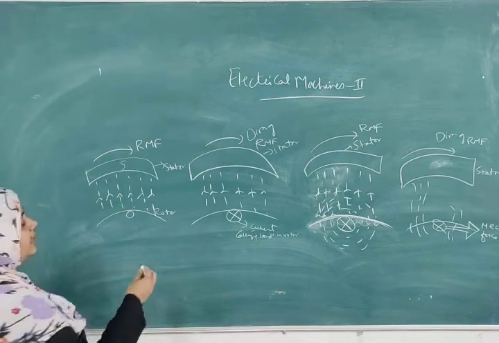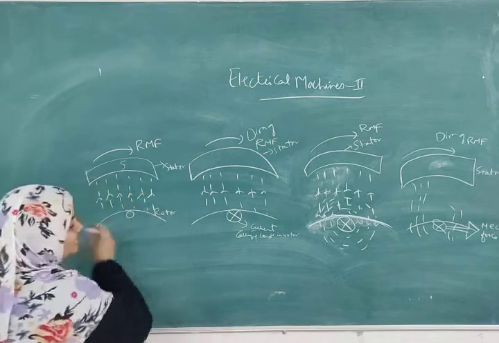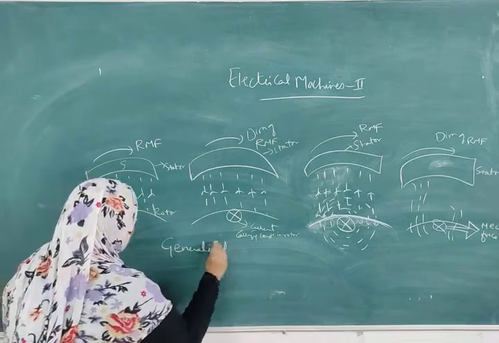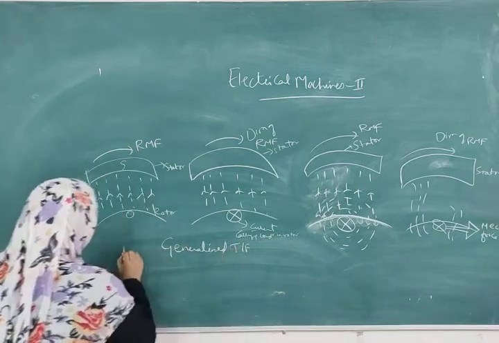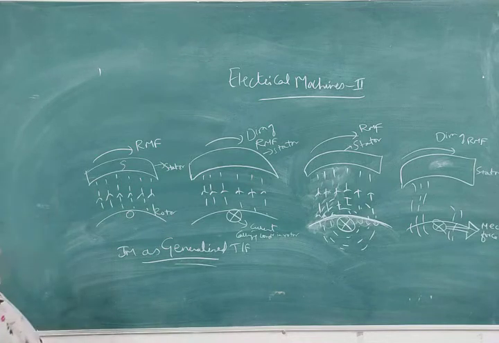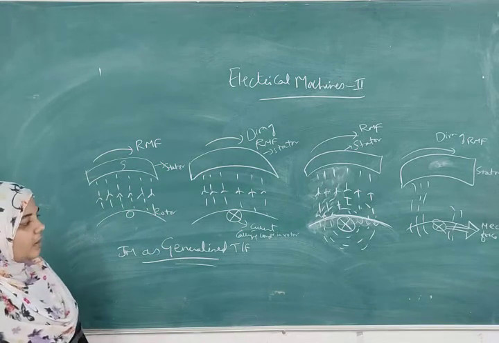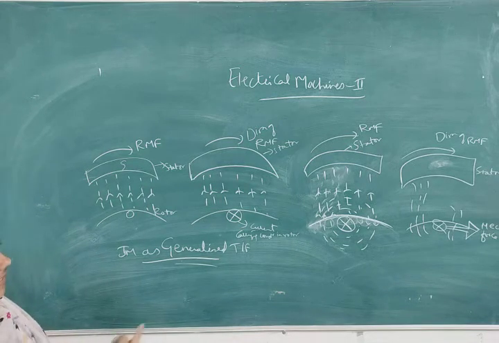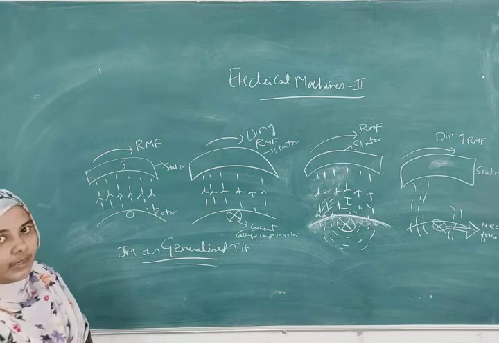Then we have seen how induction motor is behaving as a generalized transformer. Induction motor as generalized transformer. So induction motor is similar to the transformer. In the transformer, primary and secondary winding are present, whereas in the induction motor stator and rotor are present.